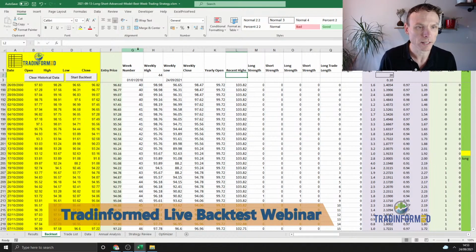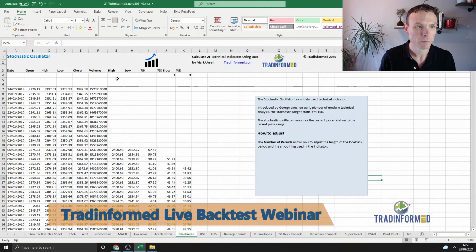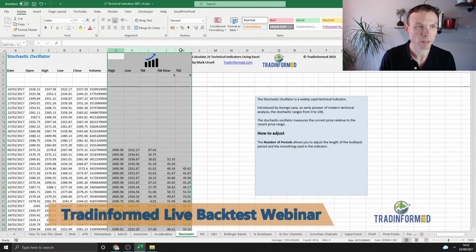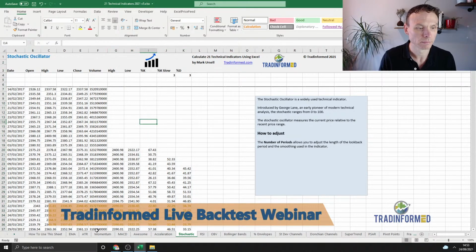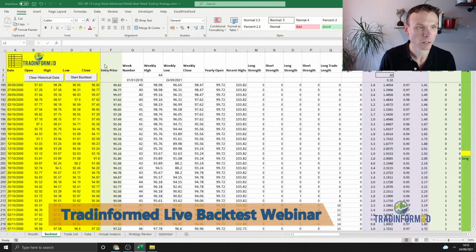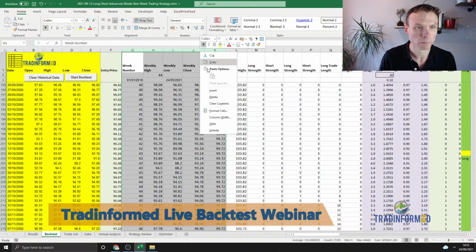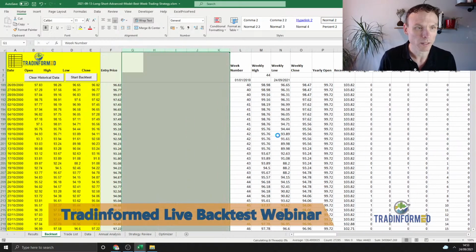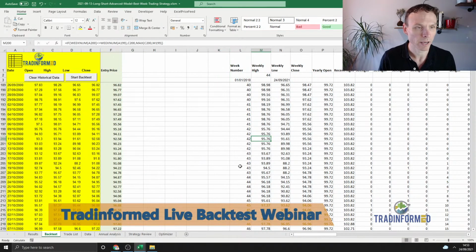Now you can easily insert more columns, and I need to insert the columns here from G to K. So go back to my model, let's make some space, highlight them, insert them. Let's get the color back to how it was.